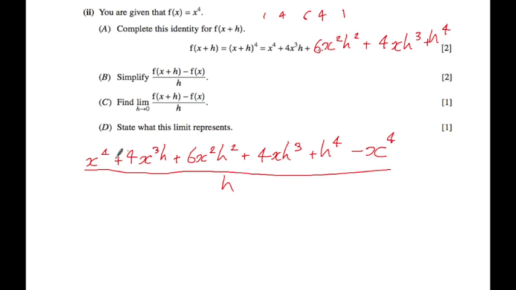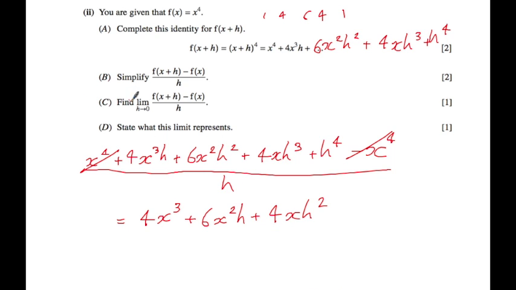So can we simplify it? Well, these x to the 4s are going to cancel, and then we can divide each term by h. So it'll be 4x cubed plus 6x squared h plus 4x h squared. Okay, so that's part B.